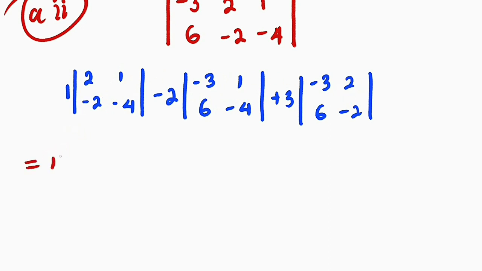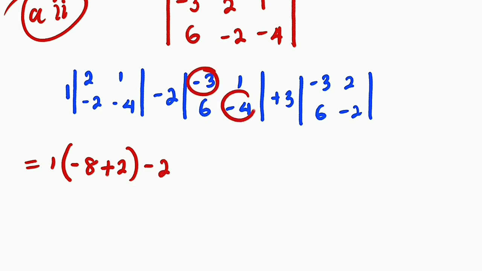So this is equal to 1 multiplied by 2 times negative 4 is negative 8. So we have negative 8 minus negative 2 times 1 is negative 2. So negative is plus 2 here. Then minus 2. This times this will give us positive 12.